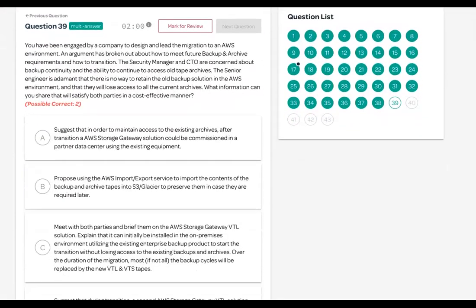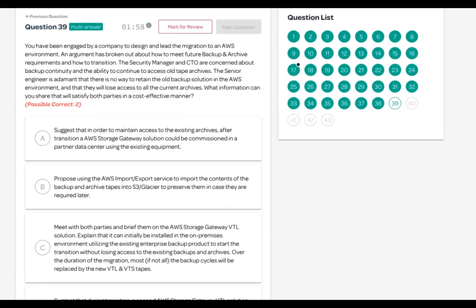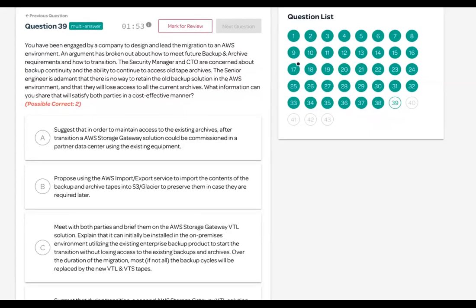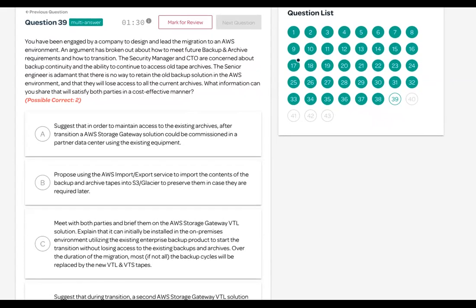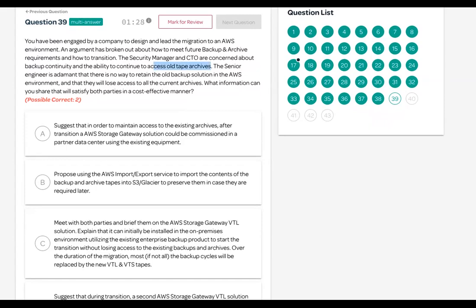You have been engaged by a company to design and lead the migration to an AWS environment. An argument has broken out about how to meet future backups and archive requirements and how to transition. The security manager and CTO are concerned about backup continuity and the ability to continue to access old tape archives.